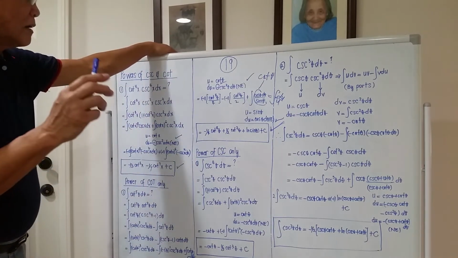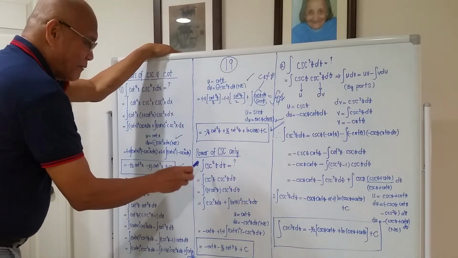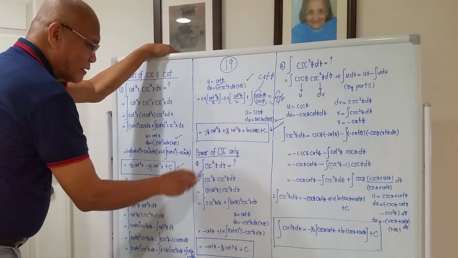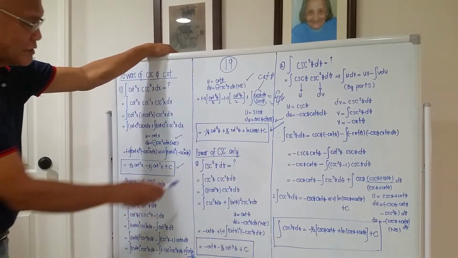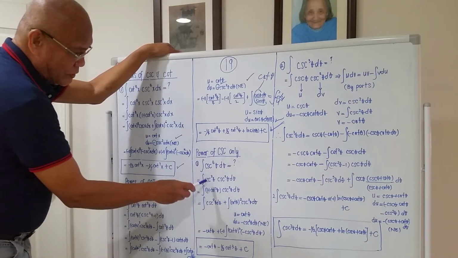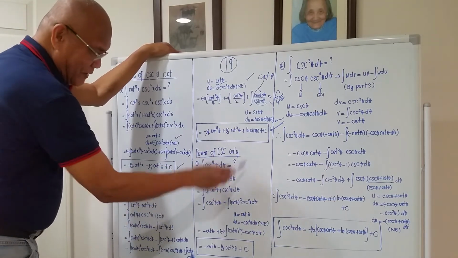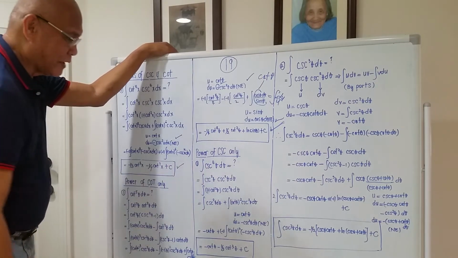Let's bring out example number 1, for cosecant only: the integral of cosecant to the fourth of theta, differential theta. It's an even number. Cosecant to the fourth is cosecant square times cosecant square, since 2 plus 2 is 4.